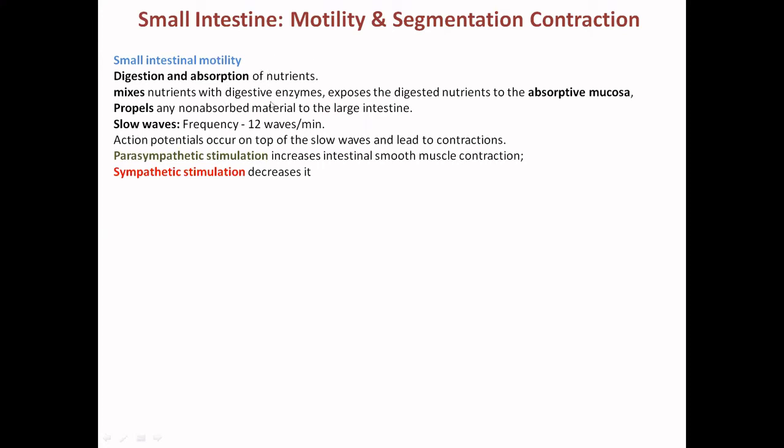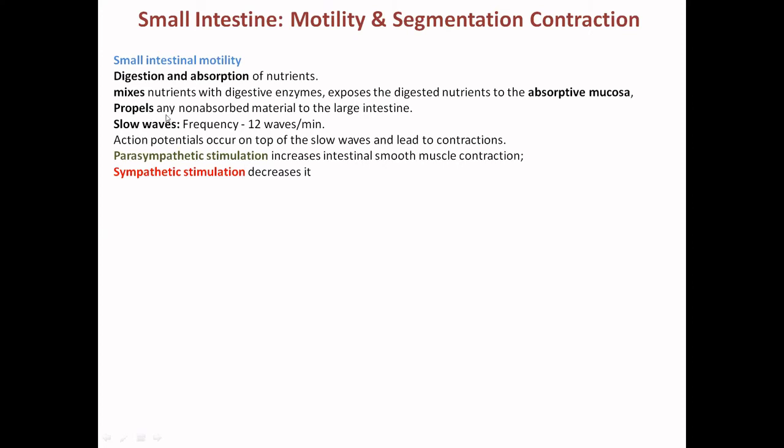It mixes nutrients with the digestive enzymes so that every part of the chyme or food bolus will be exposed to the enzymes to be digested, and it also leads to exposure of the chyme to the absorptive mucosal surface so that the nutrients will be absorbed into the intestinal epithelium, or then into the plasma. That is also known as assimilation, and it propels any non-absorbed material to the large intestine to be defecated.